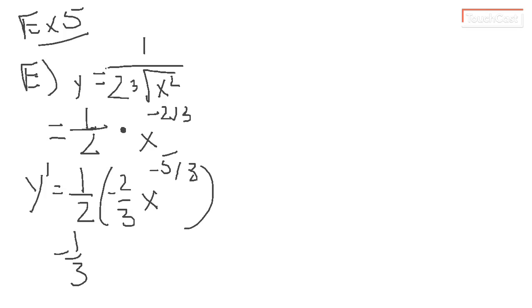And then let's take care of that negative exponent. We'll write that as 1 over x to the 5/3. And we're multiplying those two fractions.